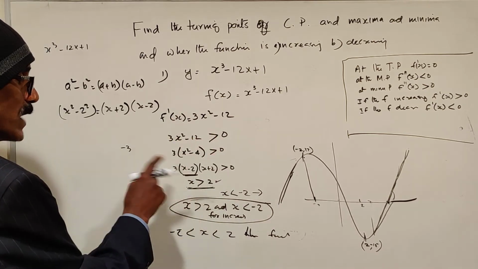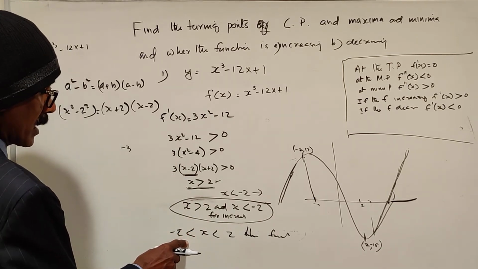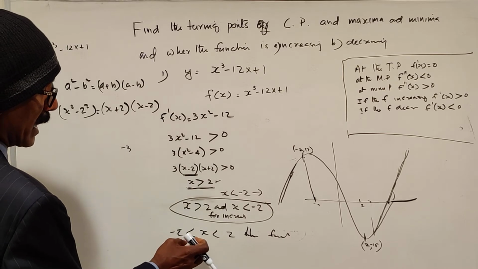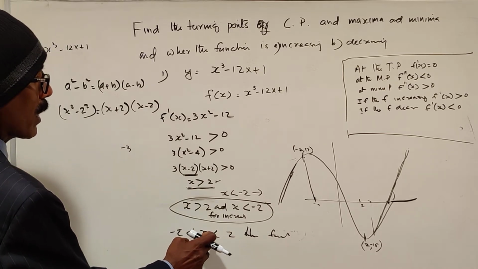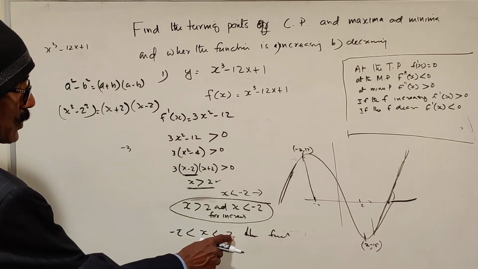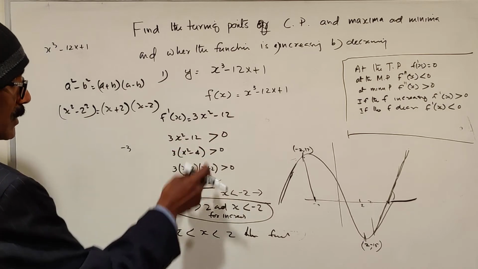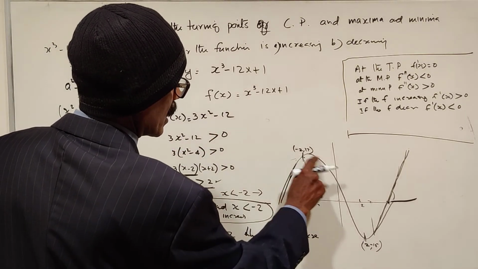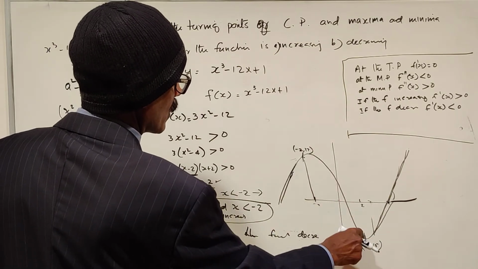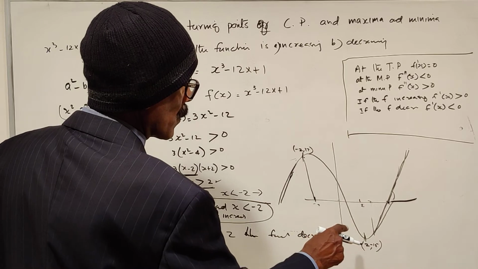So f dash x is negative when x is minus 1. I just select one integer in between minus 2 and 2. Then 1 is also in between 2 and minus 2. When you put 1 here, the same thing, negative. So the function is decreasing in between these values.